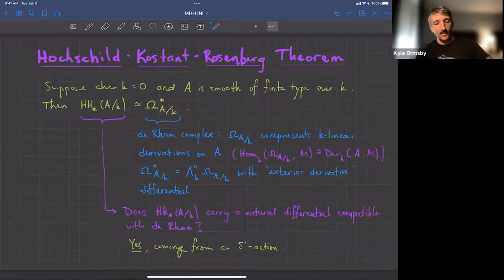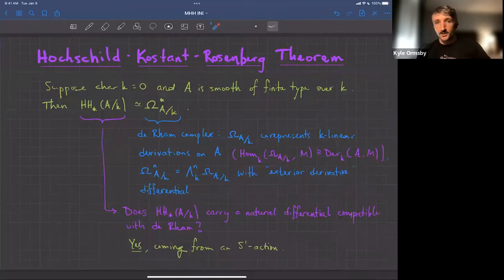Here, omega is the object that co-represents K-linear derivations on A. To get the nth piece, we take the nth exterior power. And this has a very natural exterior derivative differential on it. And of course, if you wanted to do de Rham cohomology, you would take the homology of that complex.